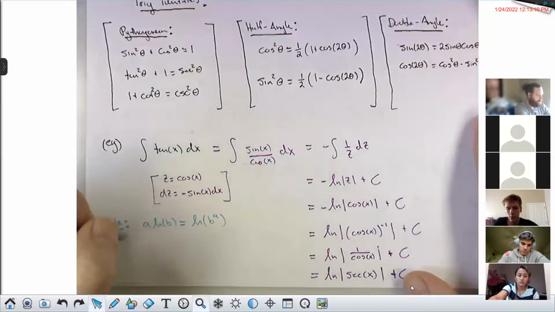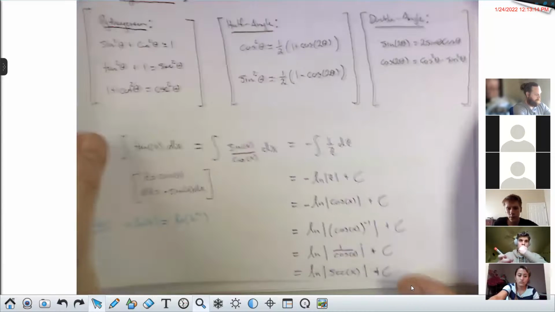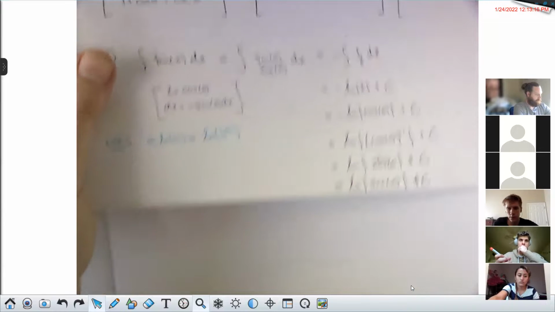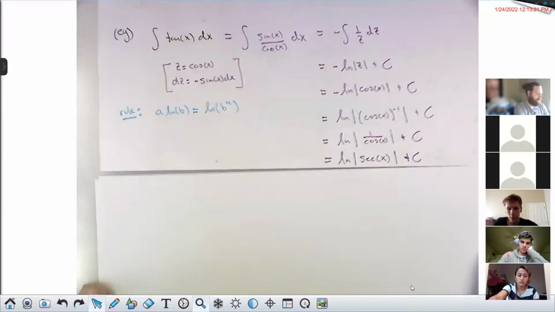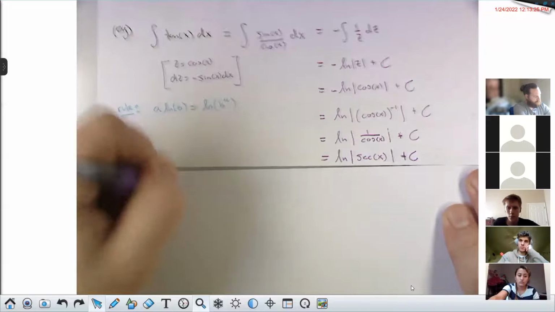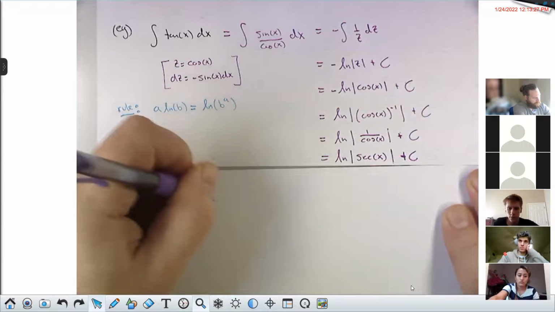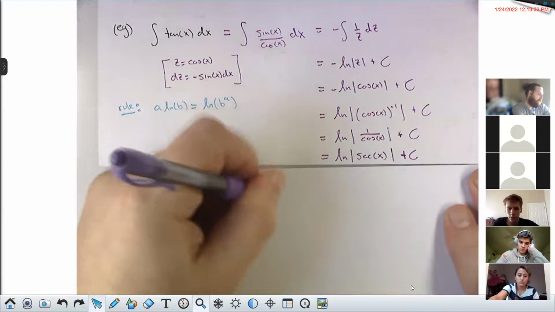So the result here, the thing you need to commit to memory, is that the integral of tangent x dx is the natural log of secant.